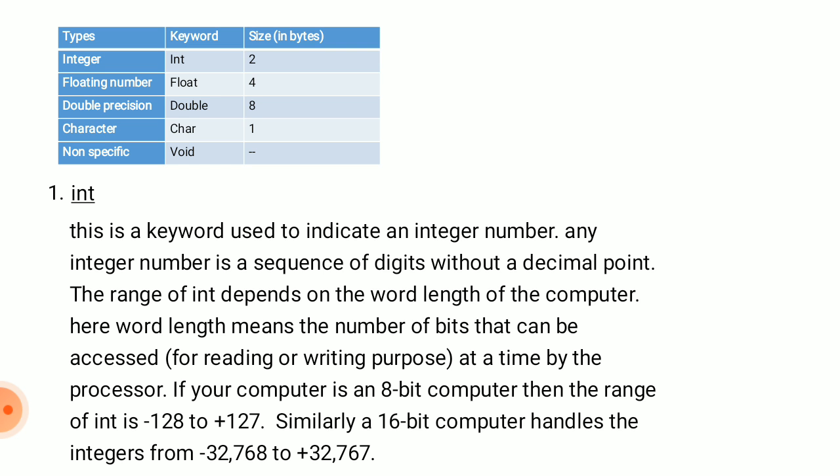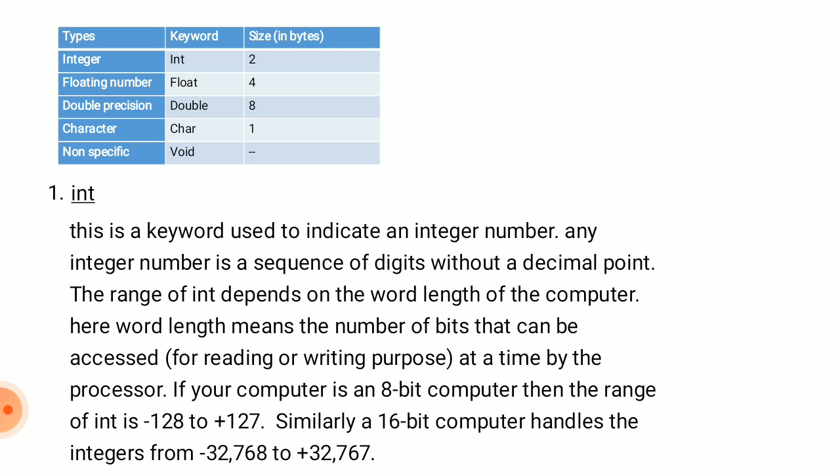Both are used as floating point numbers only, but the storage capacity of double is double that of float. And the fourth one is character. The keyword is char, and the storage capacity of char is 1 byte, that is 8 bits.